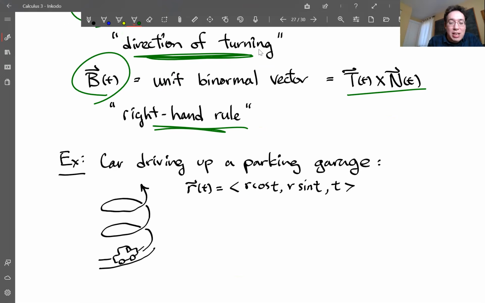So let's say you're in a car traveling along this helix on a parking garage incline, and let's say you're turning left as you go up this ramp. Okay, so let's say this is your vector function describing your location in the parking garage. And then let's compute the local coordinates for this thing.